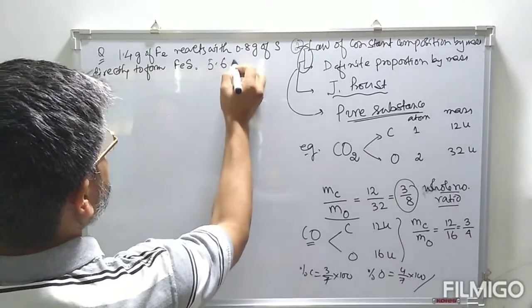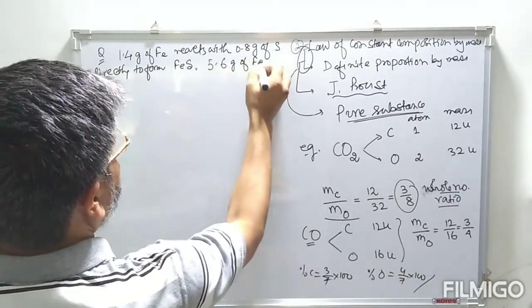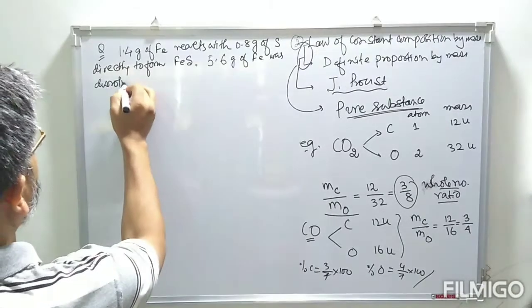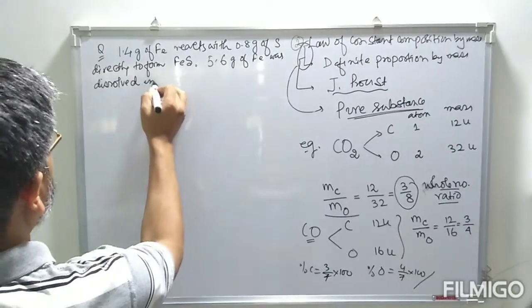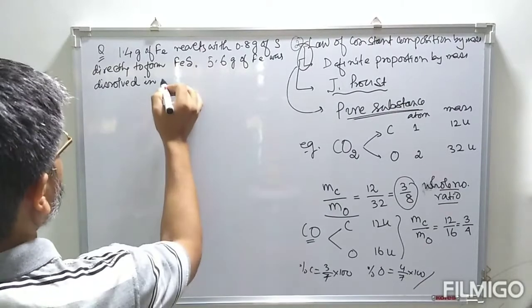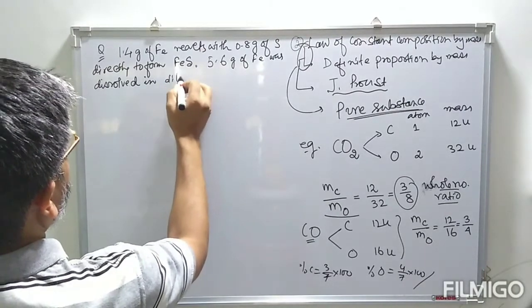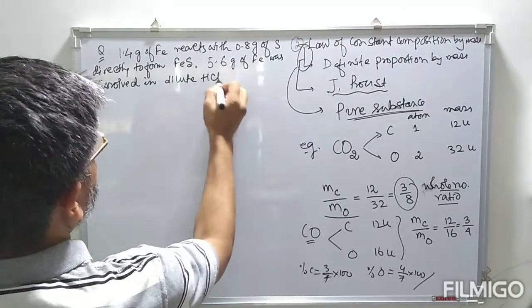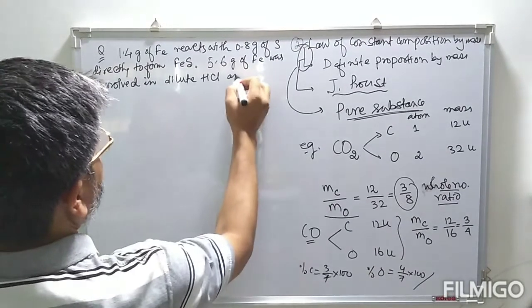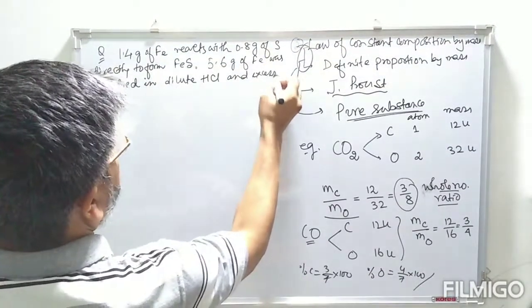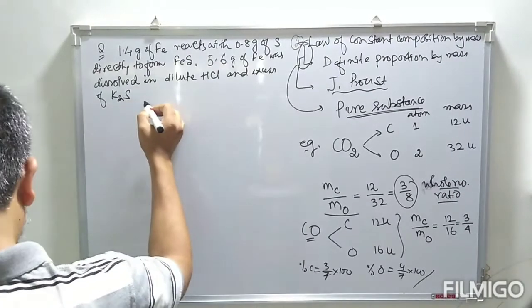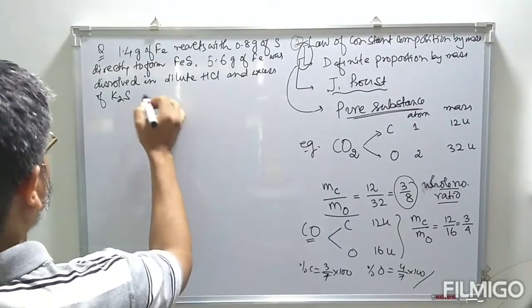5.6 gram of iron was dissolved in dilute HCl, and excess of potassium sulfide was added.